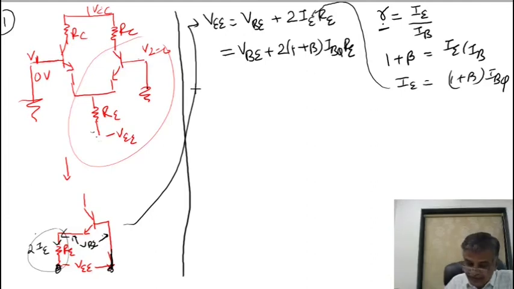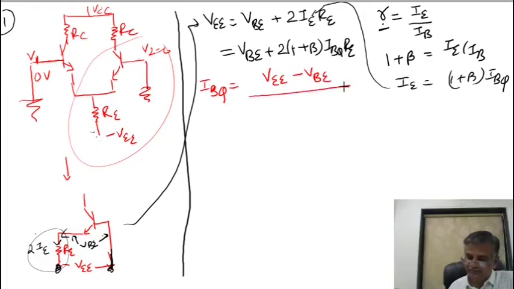So I have to find IBQ. IBQ is VEE minus VBE upon 2 (1 plus beta) into RE. So let us put in the values.